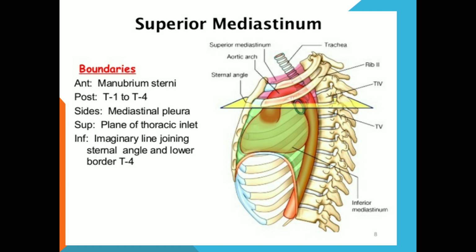Above, it is related to a plane called the thoracic inlet. Below, draw an imaginary line from the sternal angle to the lower border of the T4 thoracic vertebra. So learn the boundaries: anteriorly, posteriorly, side, superiorly and inferiorly.